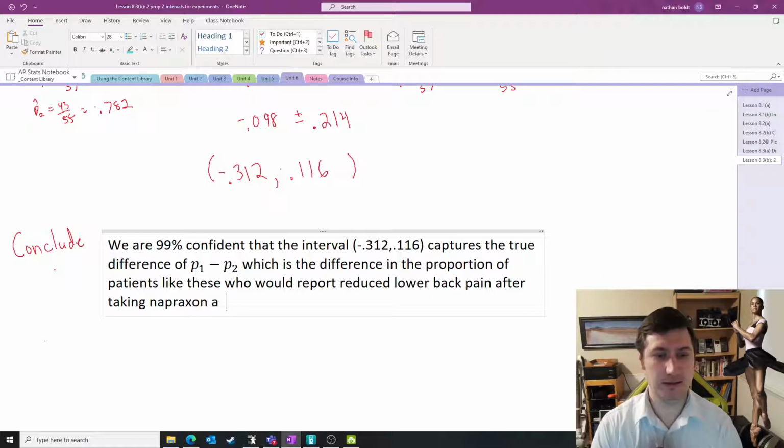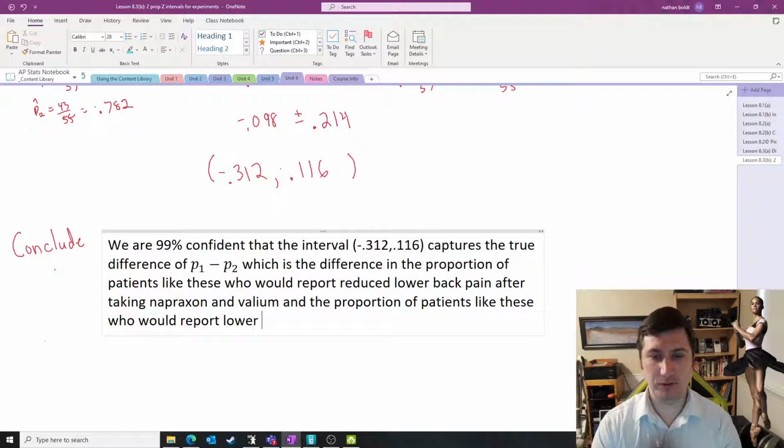Naproxen, I forgot how to spell that. Which is the difference between that and the proportion of patients like these who would report lower back pain after taking naproxen and a placebo.